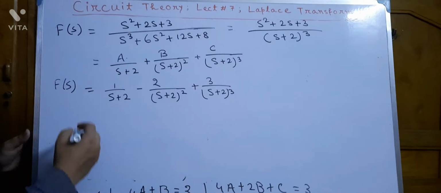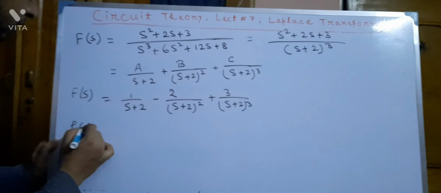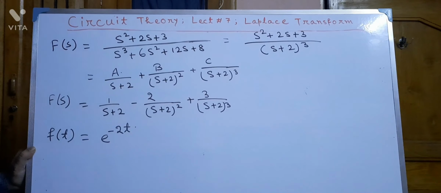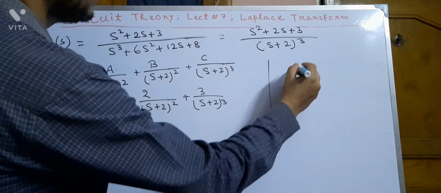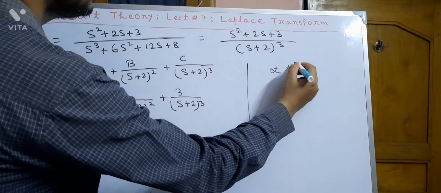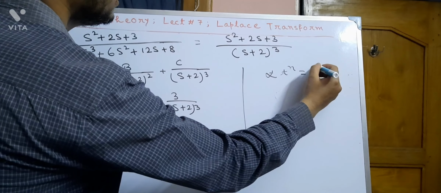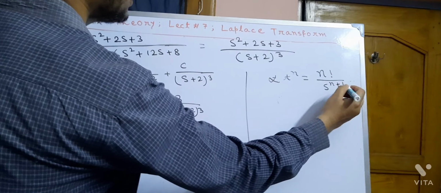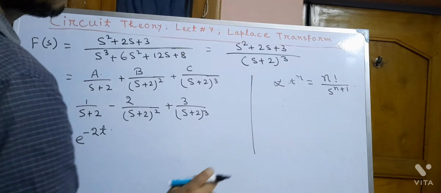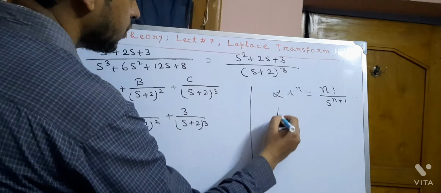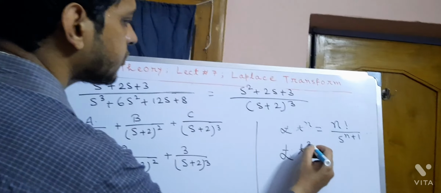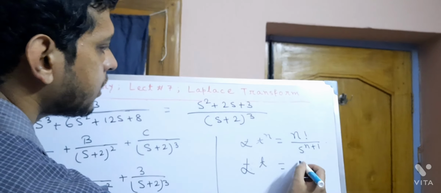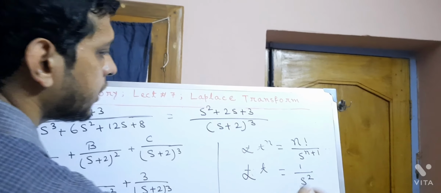Now we know that f(t) is e to the power minus 2t. Now we know that Laplace transform of t to the power n equal to factorial n by s to the power n plus 1, where n is an integer. So Laplace transform of t equal to 1 by s square.